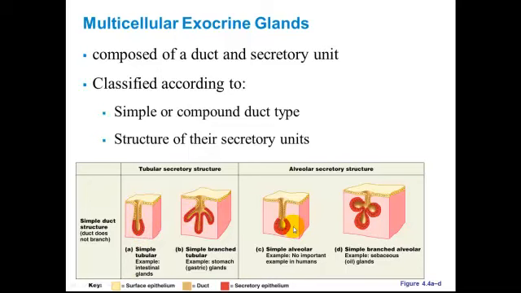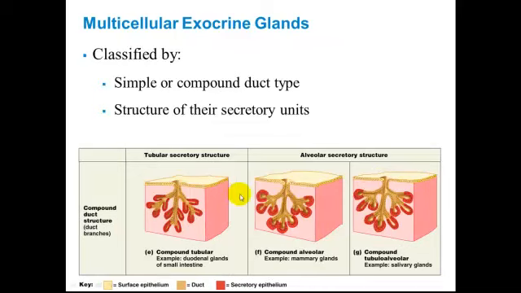We can also have compound ducts, and in terms of the compound ducts, here the duct actually branches, and off of each duct then we have multiple areas where we have secretory units. So this would be a compound tubular, this would be a compound alveolar, and this is a compound tubulo-alveolar, where some of these are tube-shaped and some are alveolar.